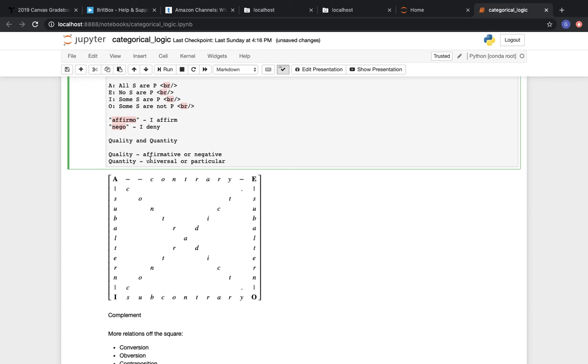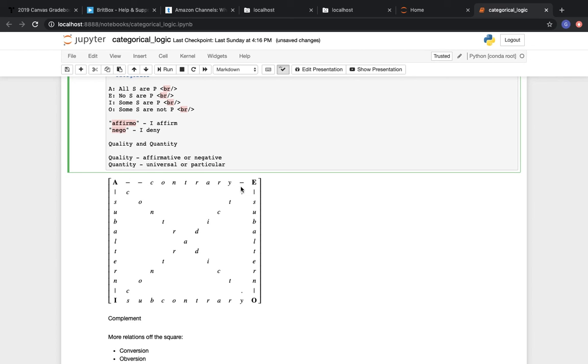And the idea here is that the A and the E claims have a kind of universal character because they're making a claim not just about some particular thing that happens to be an S, but in effect about all S's. A is quite literally saying that all S's are P, and E is saying that all S's are such that they're not P, right? Or, of course, more standardly and intuitively put, no S are P.